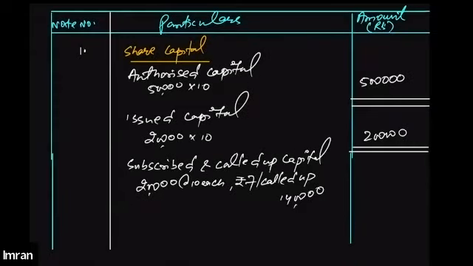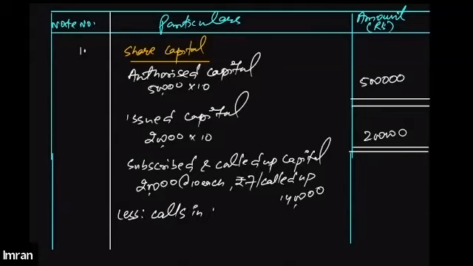And out of the called up money, 1,000 shareholders did not make the first call, 2 rupees each. So this is called calls in arrears. We have already discussed this point that whenever there is calls in arrears, we need to indicate it with the subscribed capital by subtracting from the subscribed capital.